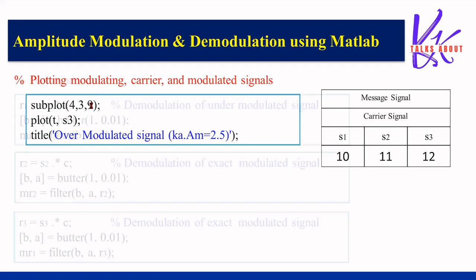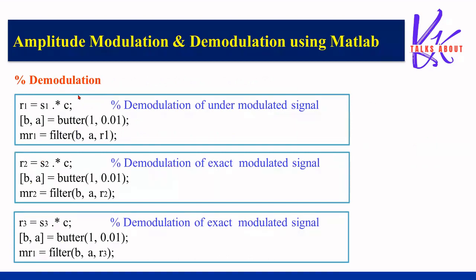Now, let us see the demodulation process. How are we going to get a demodulated output? If you want a demodulated output, you need to multiply the modulated signal with the carrier.